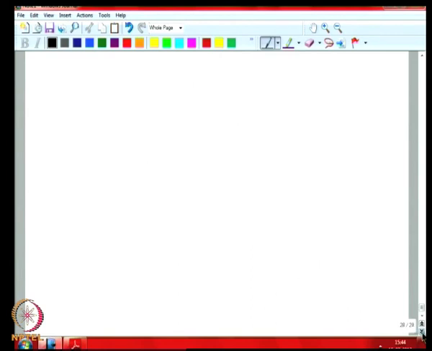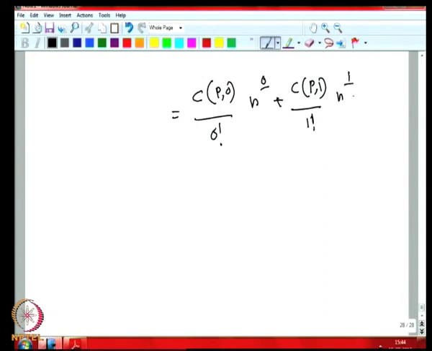As we have already mentioned, this can also be represented as C p 0 by 0 factorial into n falling factorial 0, which is just one constant, and then C p 1 by 1 factorial into n falling factorial 1, and so on, up to C p p by p factorial into n falling factorial p.